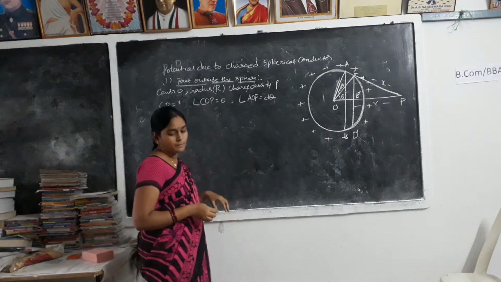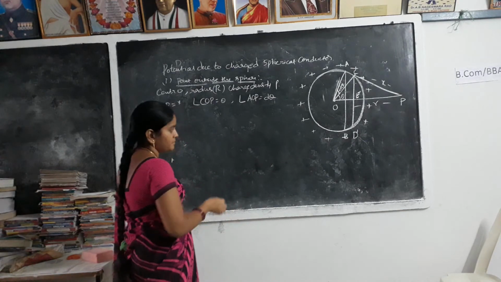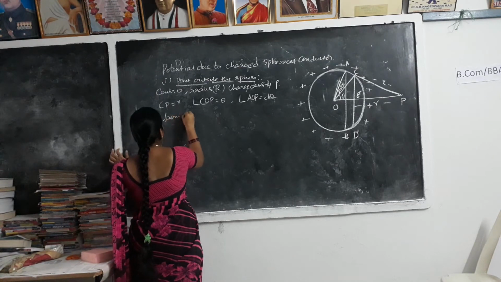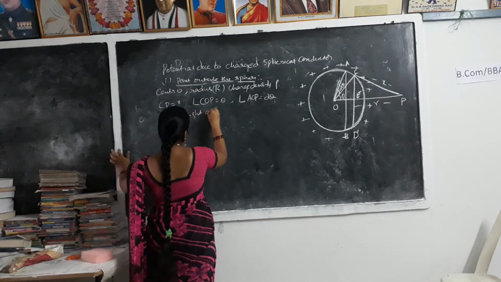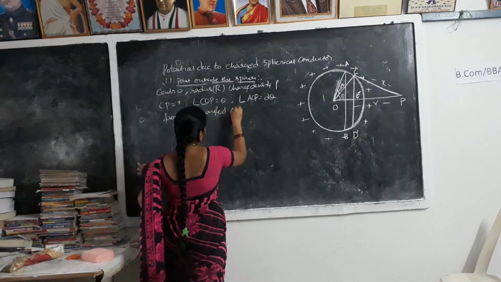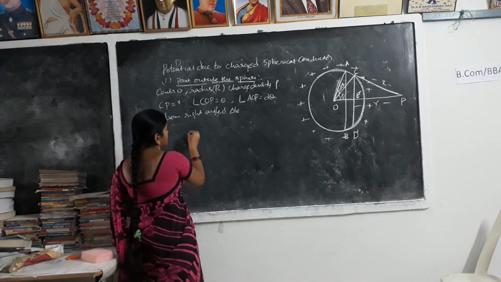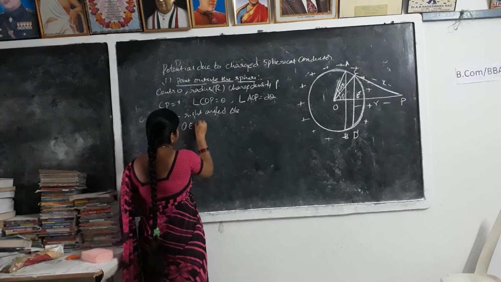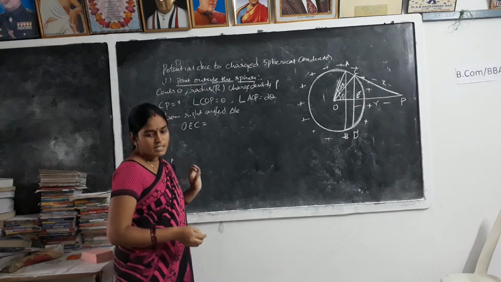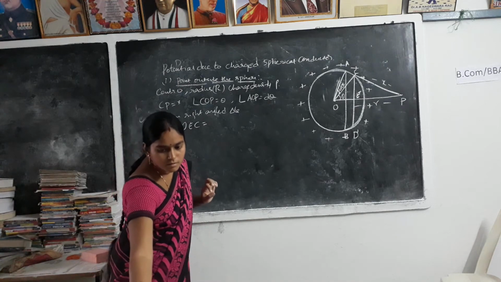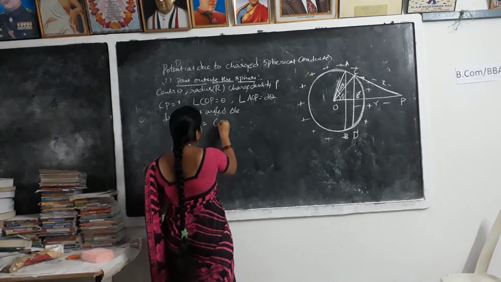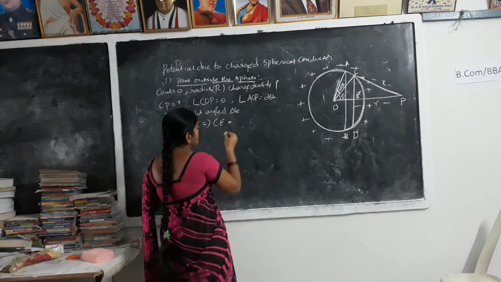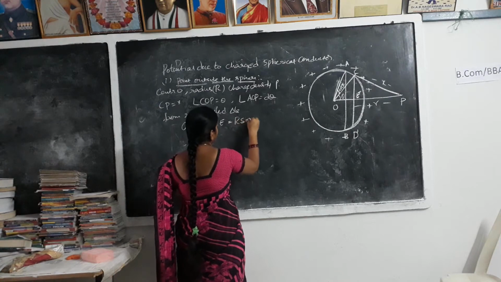When we observe, this is a right angle triangle, COE. From the right angle triangle OEC, CE equals OC, that is R sin theta.